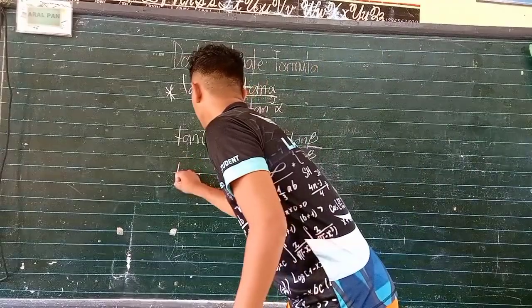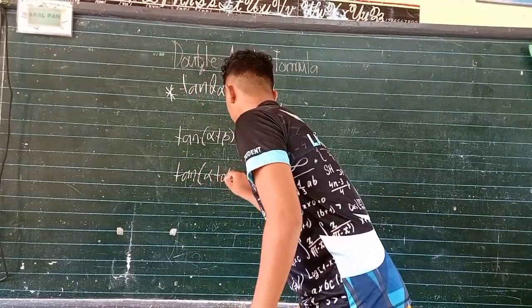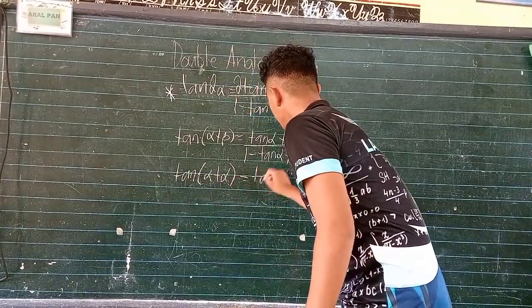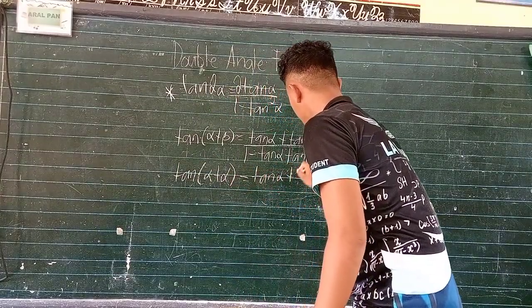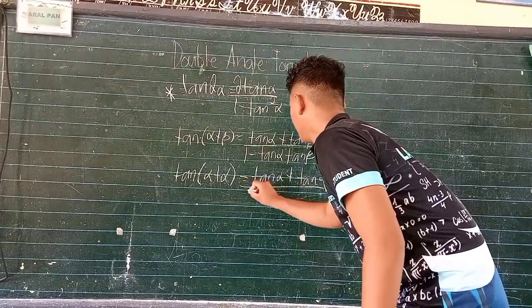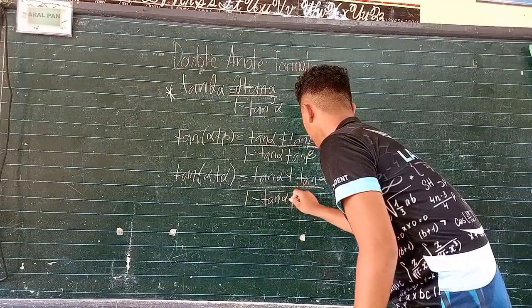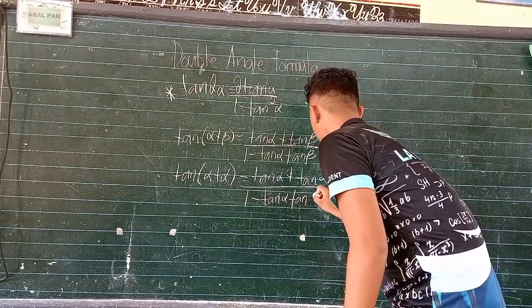So tan alpha plus alpha is equal to tan alpha plus tan alpha over 1 minus tan alpha tan alpha.